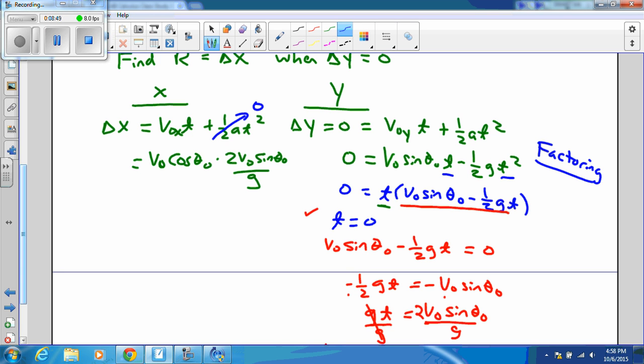And my second term, the 1/2 a t squared, simply zeroes out because my acceleration in the x direction is 0. Gravity pulls straight down, not across.